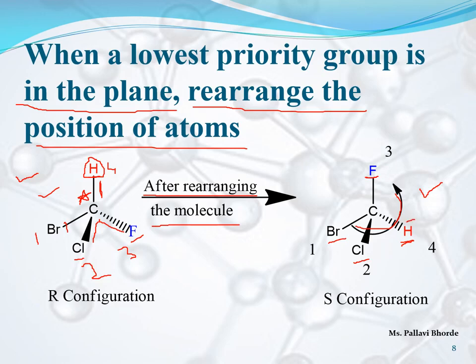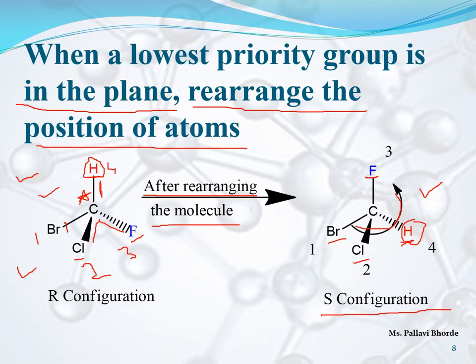How will you confirm the answer? By looking at the fourth priority group. Do we have the fourth priority group below the plane? Yes. After rearranging, we have got this fourth group below the plane. So the answer for this rearranged molecule is S configuration. But we are not interested in this rearranged molecule. We are interested in this original molecule.